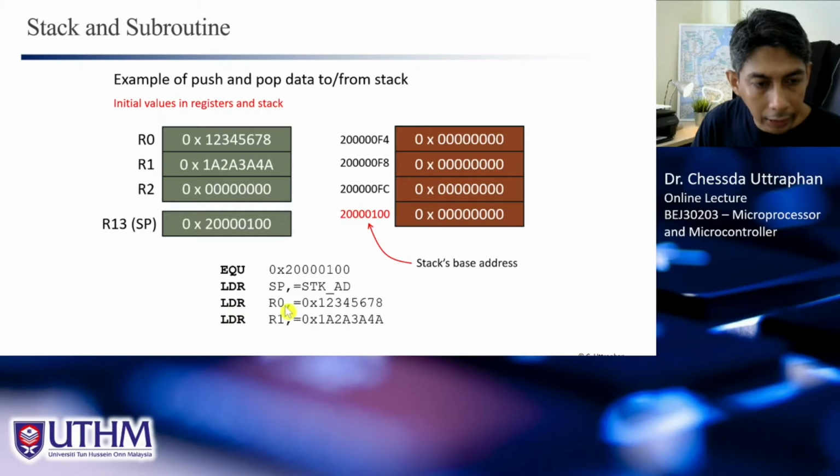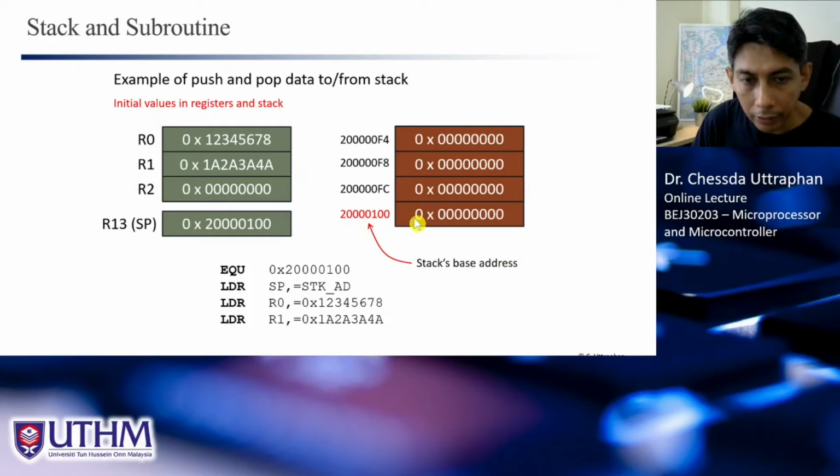And when we use LDR R0, it means that we load this value into R0, and when we load again this value into R1, we have this in R1. When we do this, the part of the memory from 2000 is the stack base address.